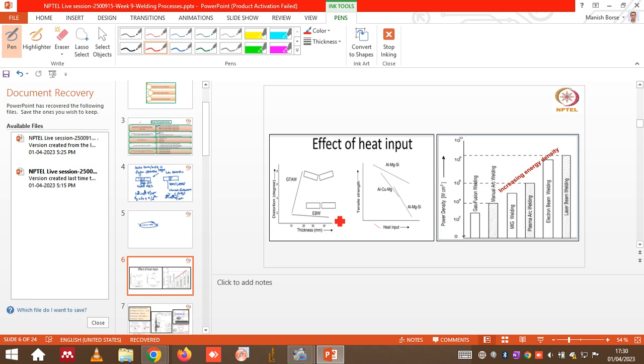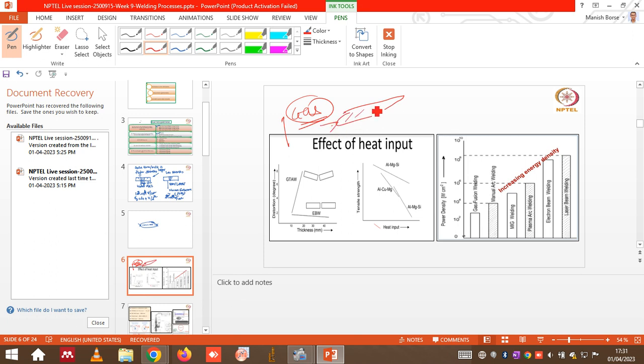Okay. And this distortion problem is higher in the case of conventional processes which involve an arc, right? And this distortion problem is even more severe, or a wider heat affected zone forms, in the case of gas welding operations, right? Because there we are using some kind of flame for melting the parent material.